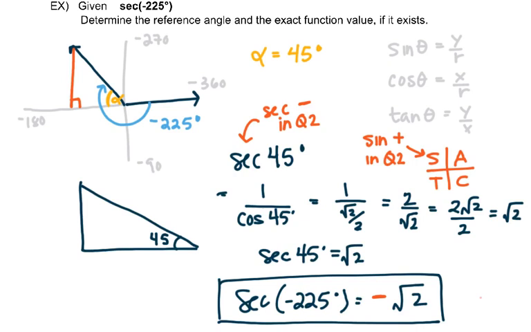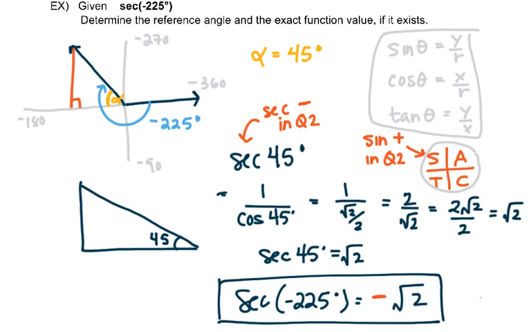So we're starting to pull together a lot of information that we've been talking about so far. We redefined sine, cosine, tangent. We have this definition for which trig functions are positive and negative in specific quadrants.